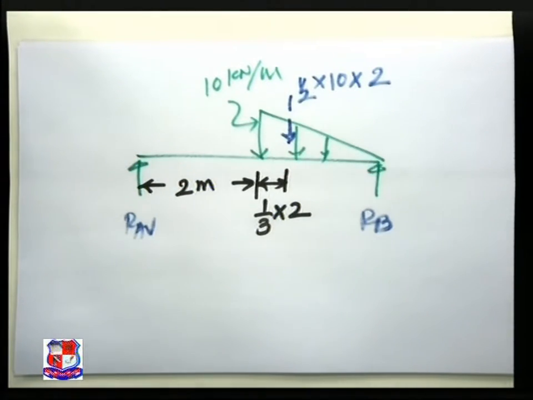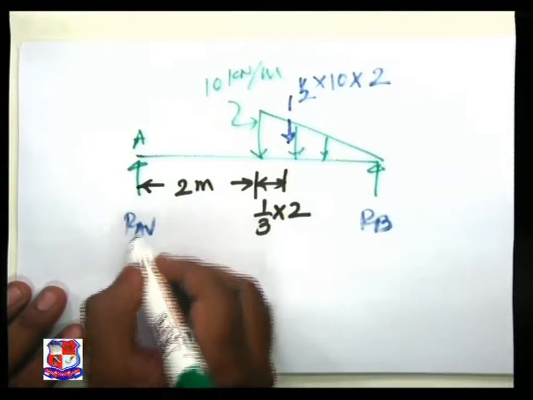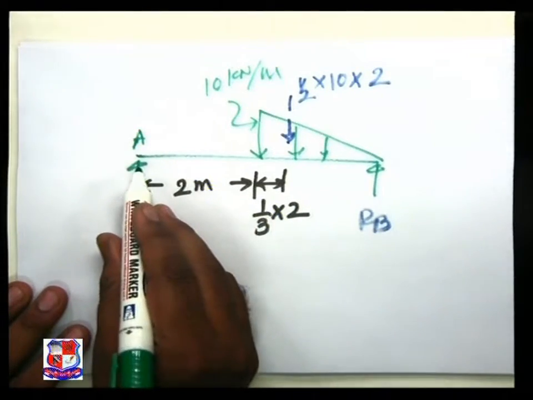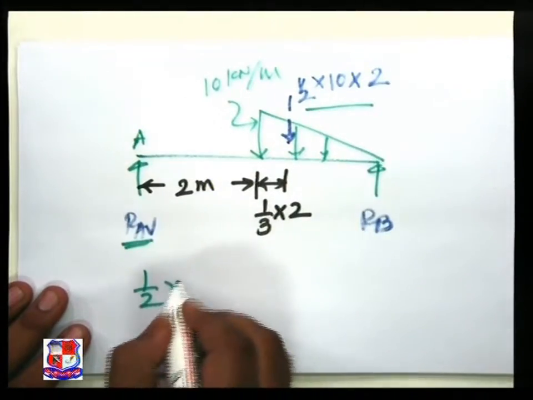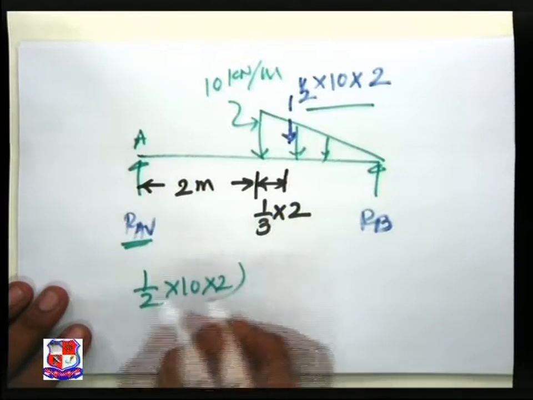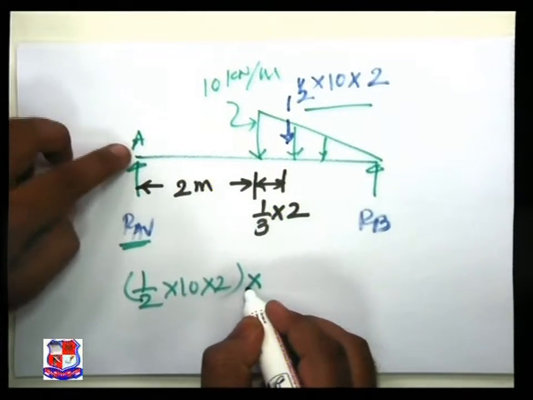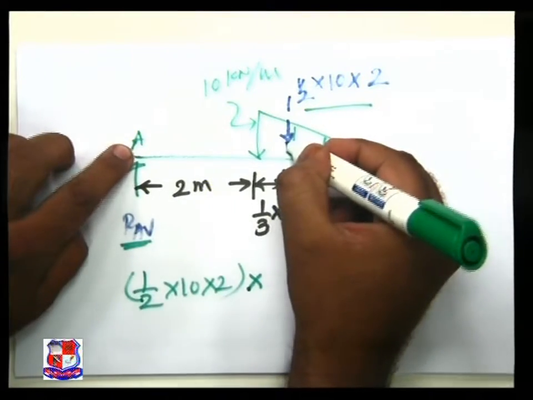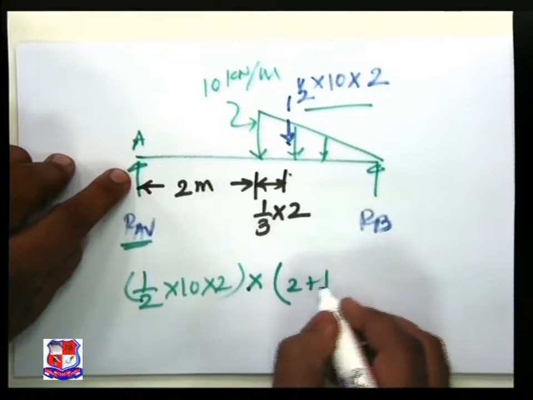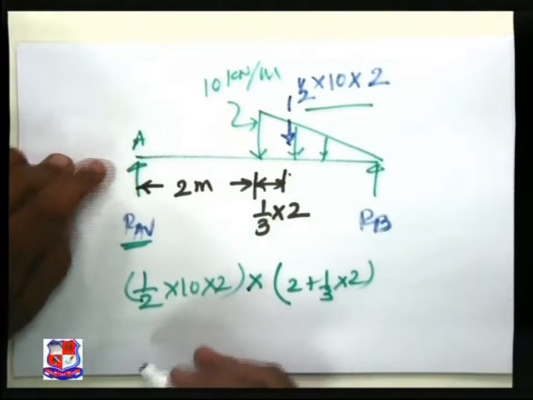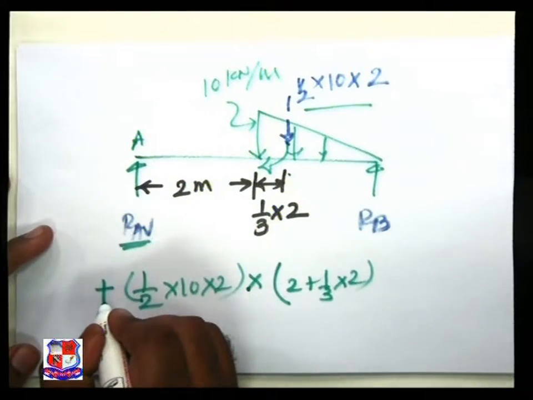So if we take sigma MA is equal to 0, the effect of RAV is 0. Now this load, half into 10 into 2, multiplied by the perpendicular distance from A, this distance, that is 2 plus 1/3 of 2, creates a clockwise moment. As per our sign convention, it is positive.